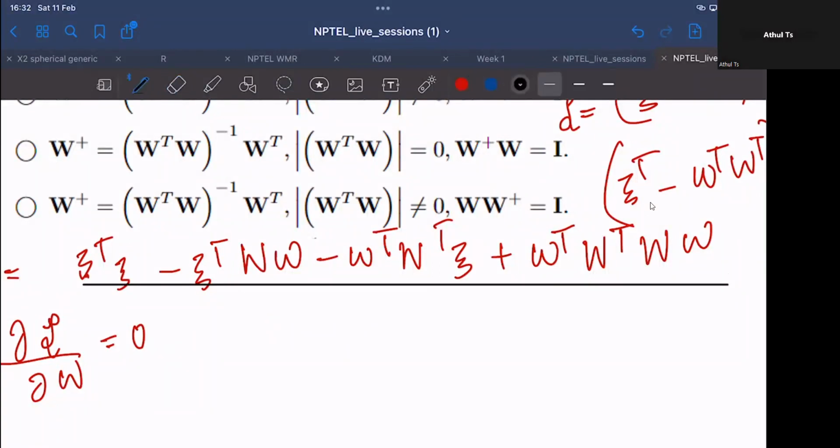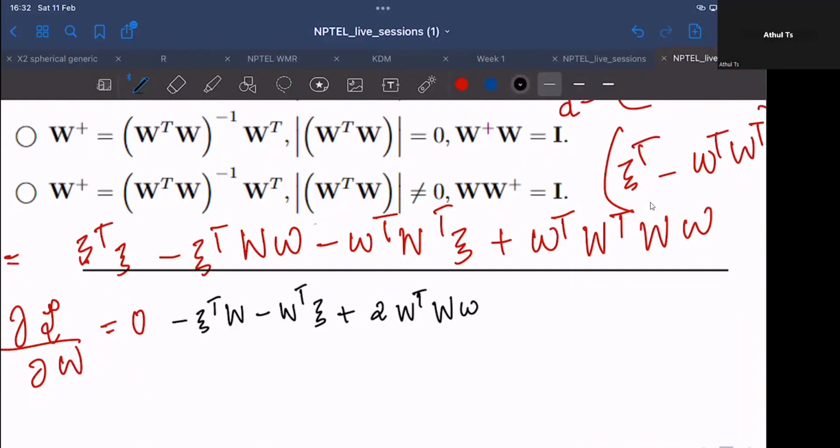Minus zeta transpose omega minus omega transpose zeta plus 2 W transpose W omega, if I differentiate. Sorry, I'm confusing myself with W and omega.